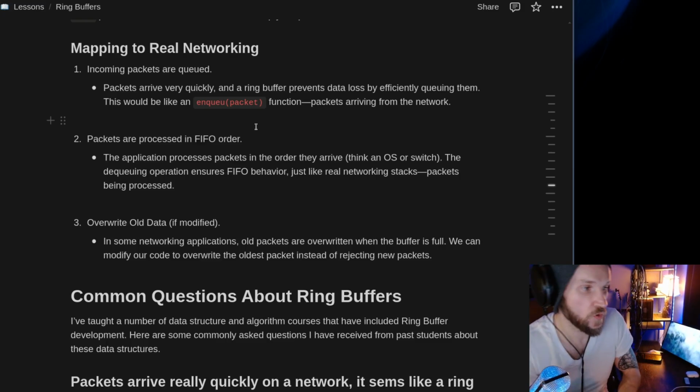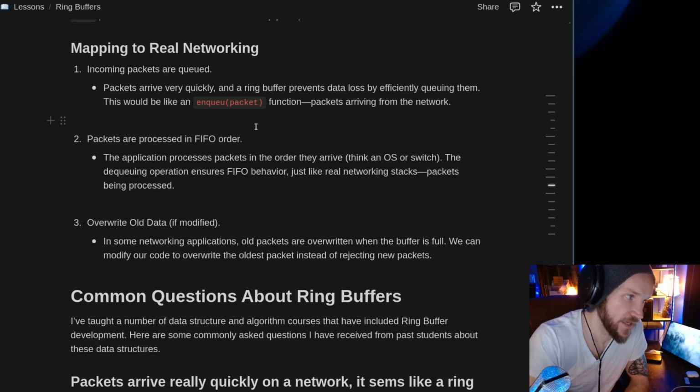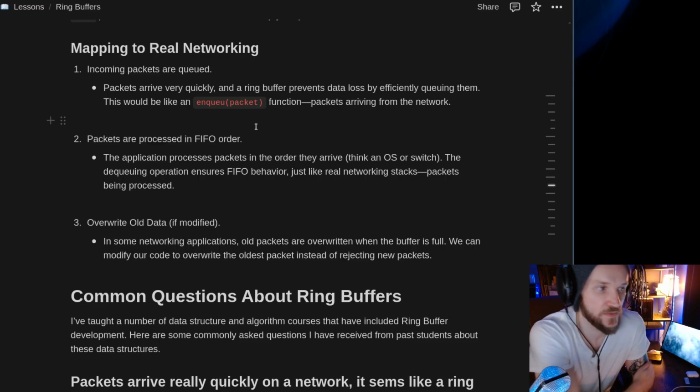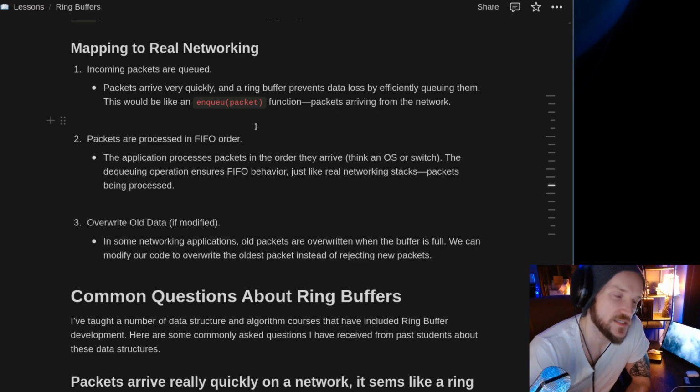Do you want to drop data and ensure that your data is processed in order, or are you okay with new data coming in and overwriting the old data? It really just depends on your problem, like how you need to process things.